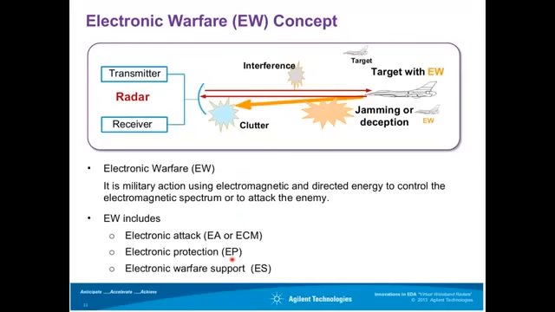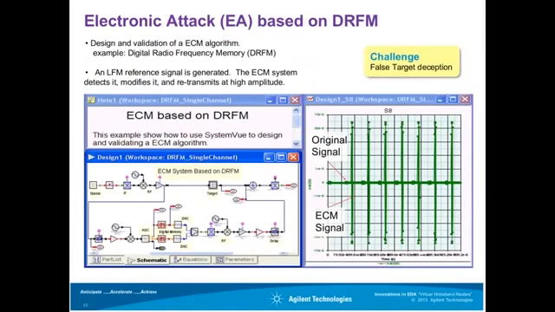The platform we provide allows you to use the radar portion to create a signal to test your EW, and send out jamming and deception to be tested in a radar receiver to see if your EW design is okay or not, okay?